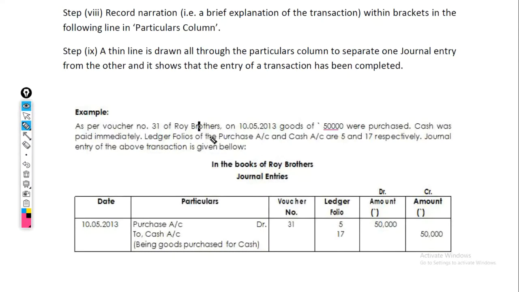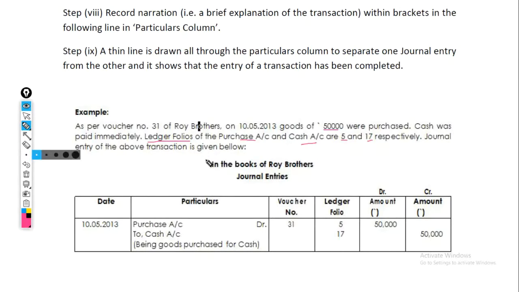Ledger folios of the purchase account and cash account are 5 and 17. After the journal entry, it is posted into these ledgers. Whenever you want to look into which ledgers it is posted, you just go to ledger number 5 for purchase and ledger number 17 for cash. We'll cover it in the upcoming lecture.